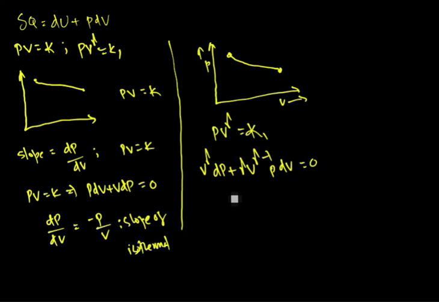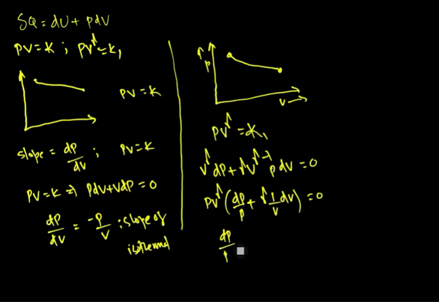So if we take PV raised to gamma outside, here the first term will be dP by dV, P plus gamma times 1 by V dV is equal to 0. Here PV raised to gamma cannot be 0, it is a constant, so what remains is dP by P plus gamma times 1 by V dV is equal to 0.